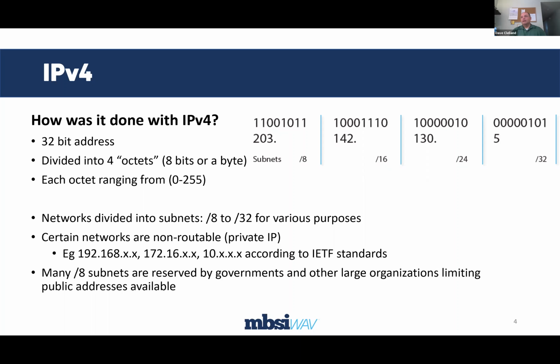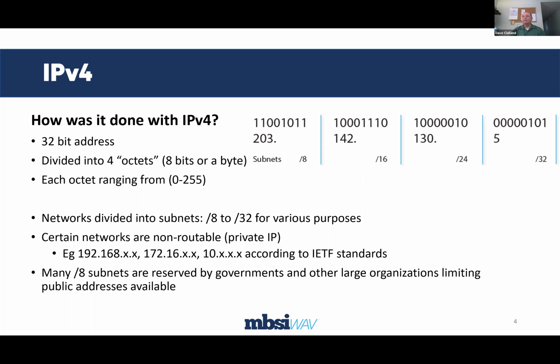But anyway. And inside of this, certain networks are non-routable, so private IPs. We're familiar with those, the 192.168 networks, the 172.16 through 172.31 network, and the 10. network. And it's all according to IETF standards, so we can look them up.